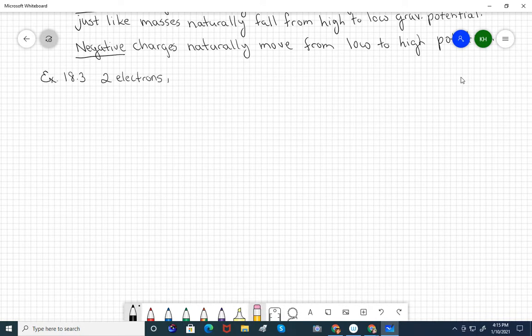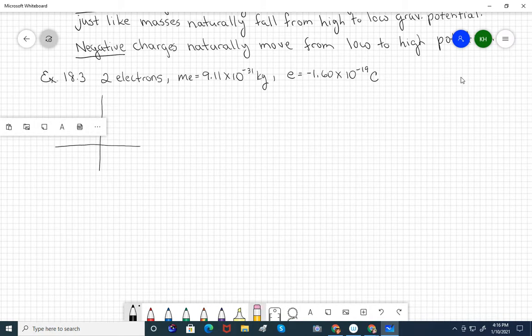And of course, we know that they each have a mass of 9.11 times 10 to the negative 31 kilograms, and they each have a charge of negative 1.60 times 10 to the negative 19 coulombs. They give us a picture. We have an electron here. We have another electron over here. This distance is 5 centimeters.